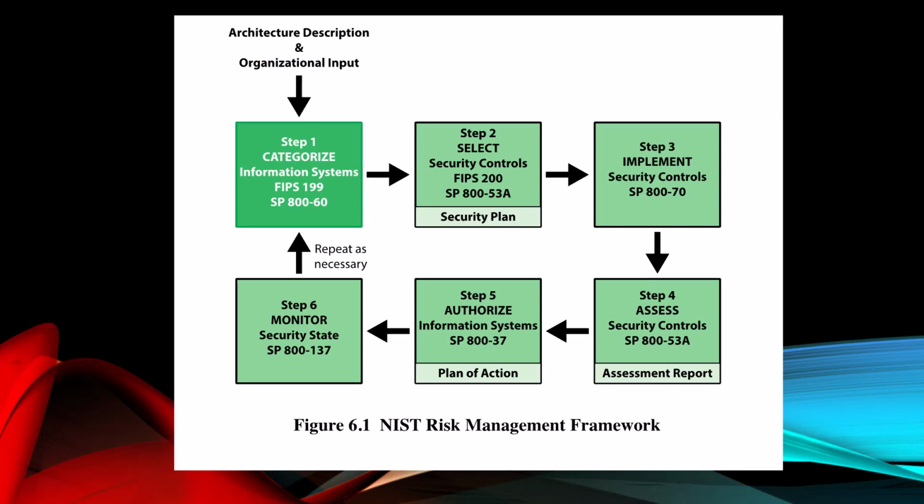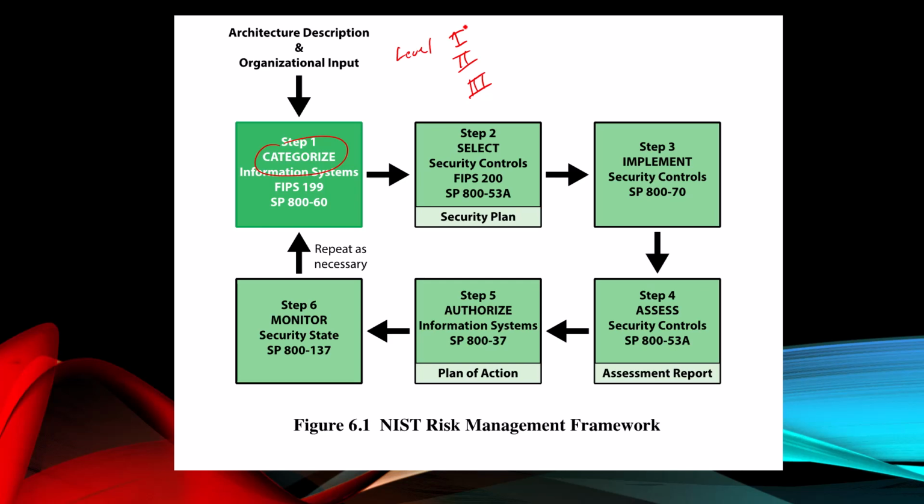So step 1 is to categorize the information systems, and you're going to notice we're going to be using FIPS 199 as part of the SP 800-60 NIST standard. So again, that's the categorization. Maybe we categorize them into level 1, 2, and 3, or we may say secret, top secret, need to know.